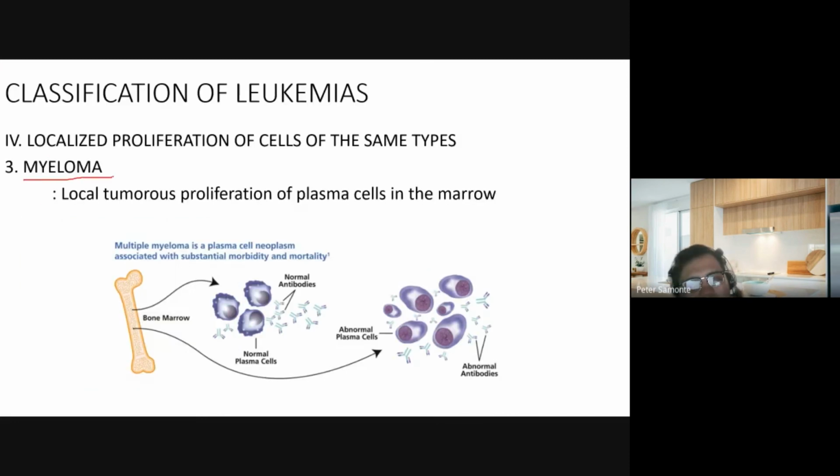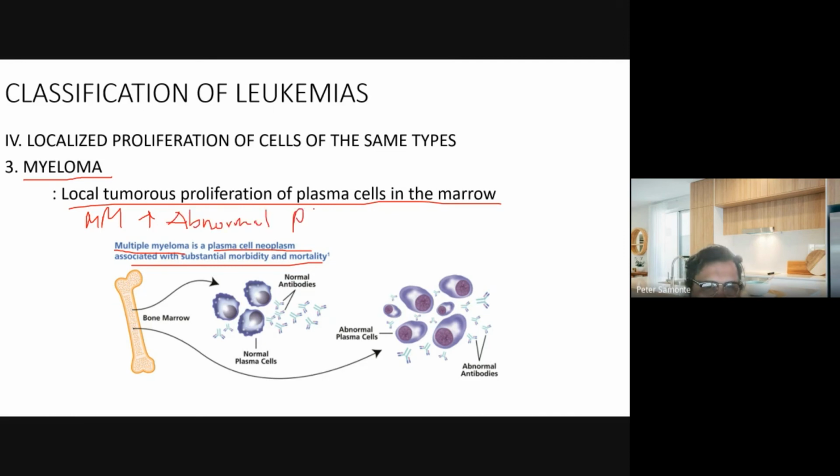Then you also have your myeloma. So you would have local tumorous proliferation of plasma cells in the bone marrow. So a type of myeloma, class, is your multiple myeloma, a plasma cell neoplasm associated with substantial morbidity and mortality. Now, in your multiple myeloma, you would have increased abnormal plasma cells. This is what I was saying earlier, plasma cell dyscrasia. You would have increased abnormal plasma cells.